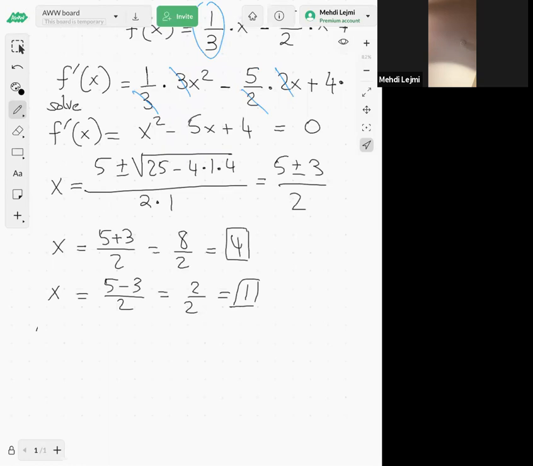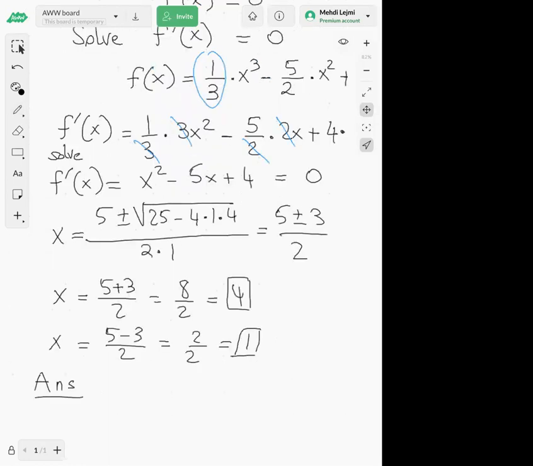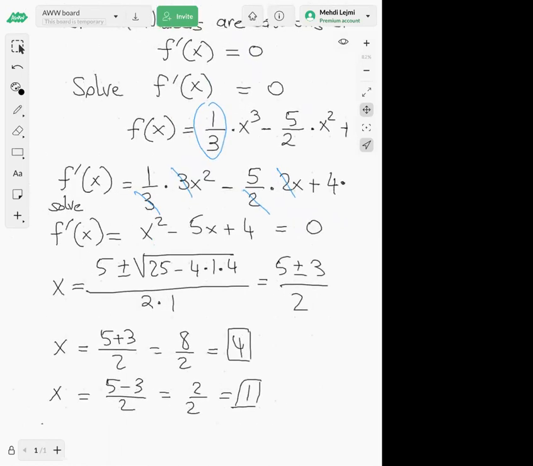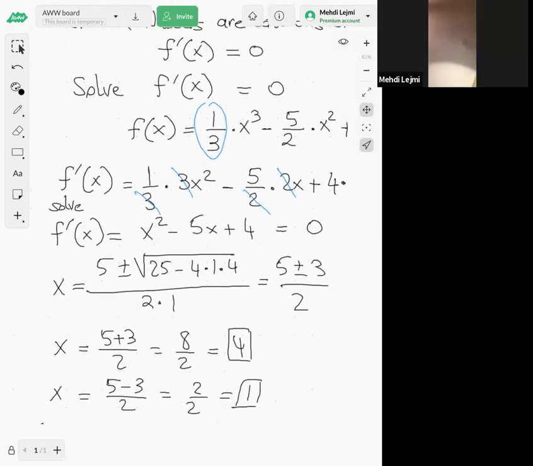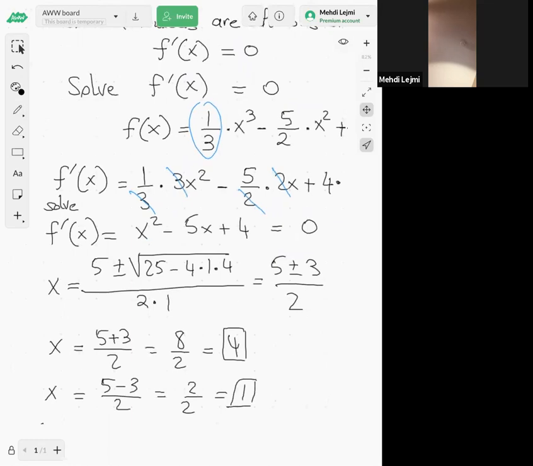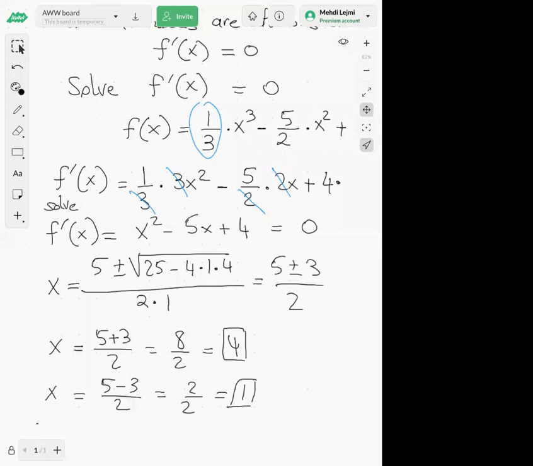So the answer, yes, please. Isn't that 25 minus 16? Yes, that's 25 minus 16, it's 9. It's 8. And then you have to take the square root, right? Square root of 9 is 3. No, I'm saying 25 minus 16 is 8.